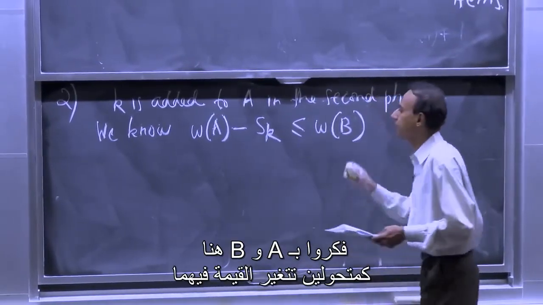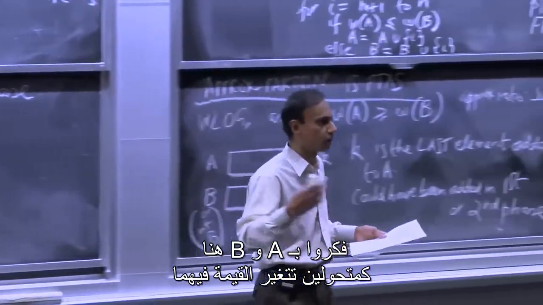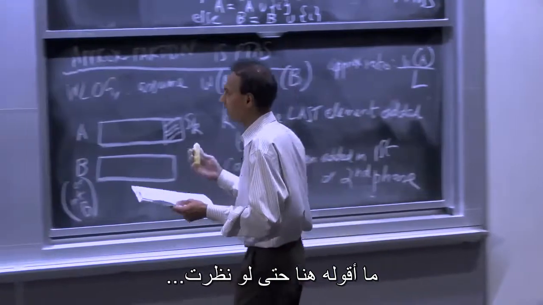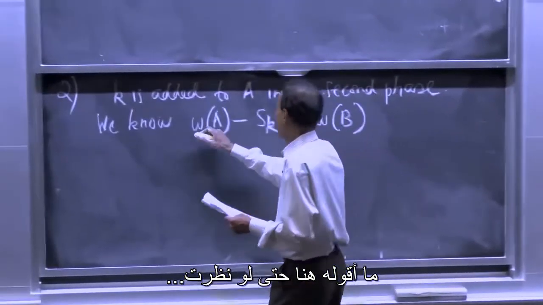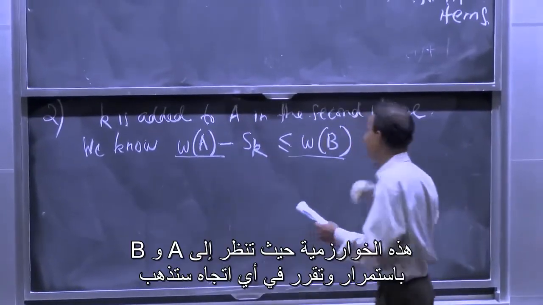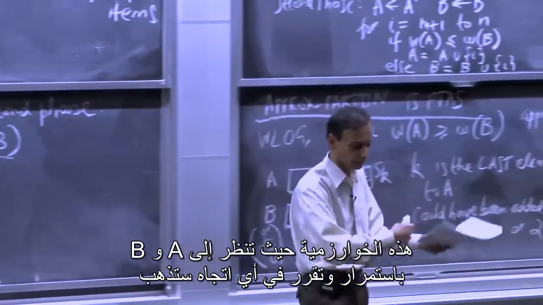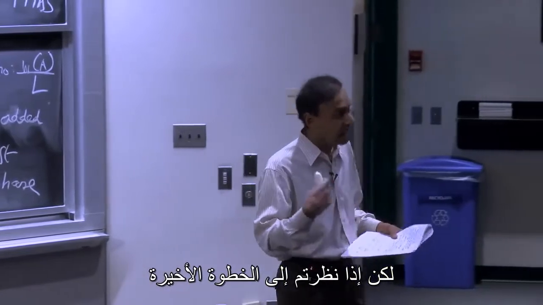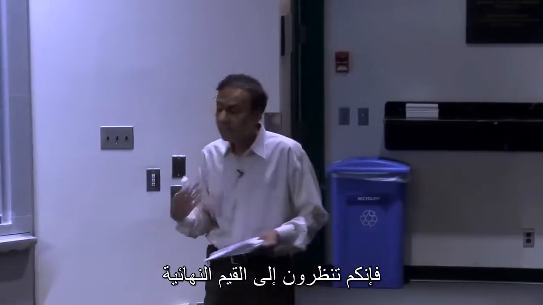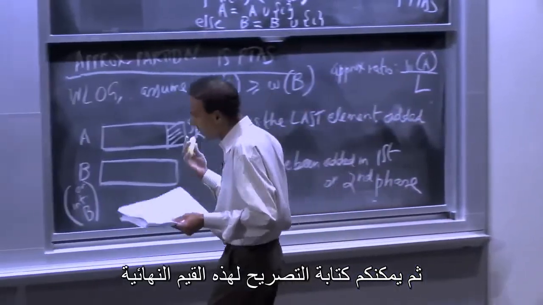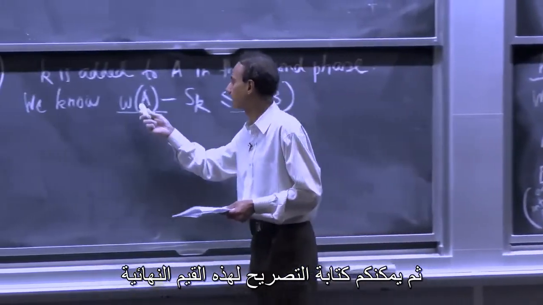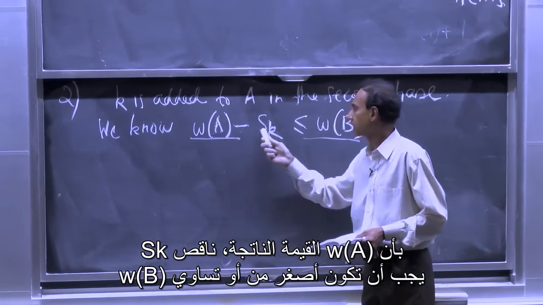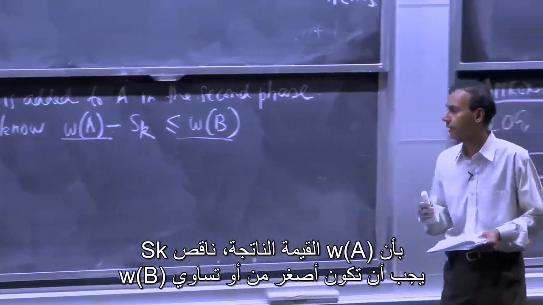So think of A and B here as being variables that are obviously changing. But what I'm saying here is, this is the algorithm where A and B, you constantly look at them and decide which way to go. But if you look at the last step, the final values, then you can certainly make the statement for those final values that WA, the resultant value, minus SK should have been less than or equal to WB.